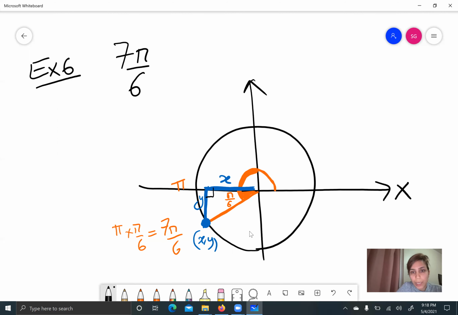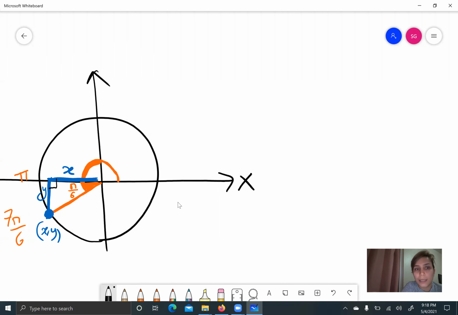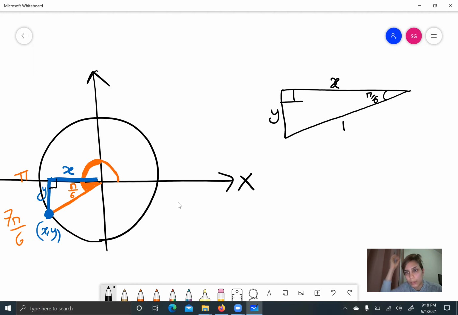We have a right triangle here, and I'm going to draw it here because I need a bigger triangle. If this is the horizontal axis, this is pi over 6, and this is pi. This is pi over 6, this is x, this is y, and this is 1. Okay, what is x and y?